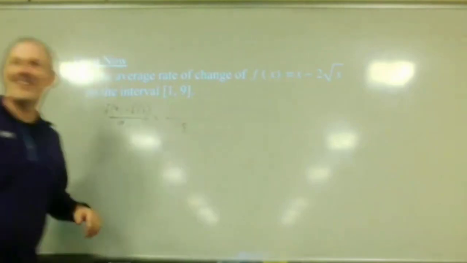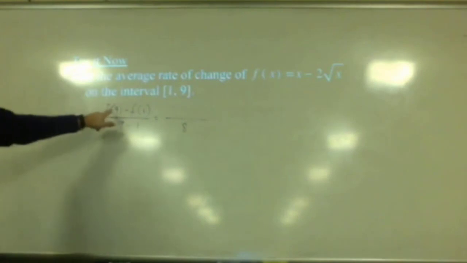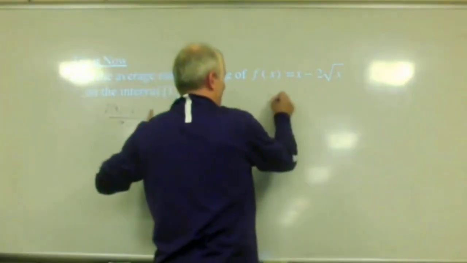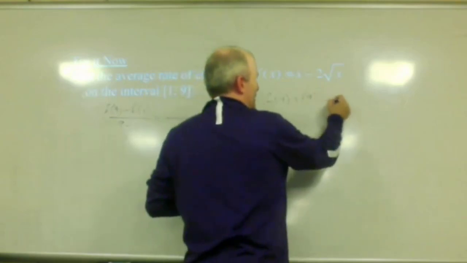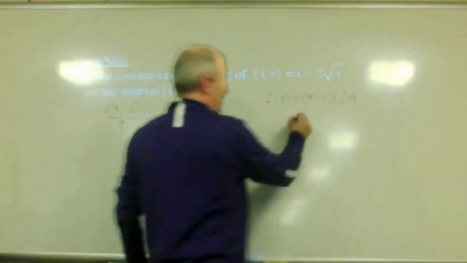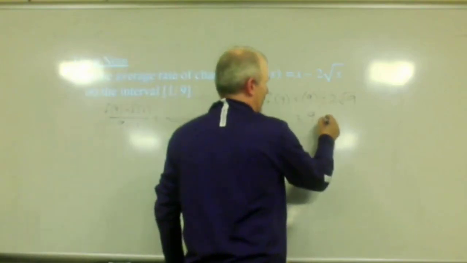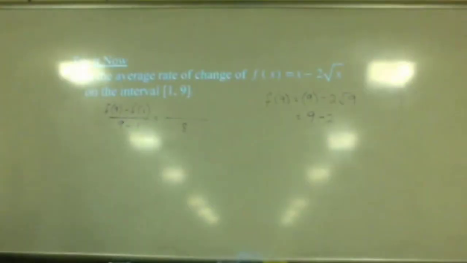We like that, right? Okay, but on the top, we've got to go over and figure it out with our equation. So the first time our input value, f of 9, is 9 minus 2 times the square root of 9. So we just have to do the math. This is 9 minus 2 times, what is the square root of 9? 3, correct, right?